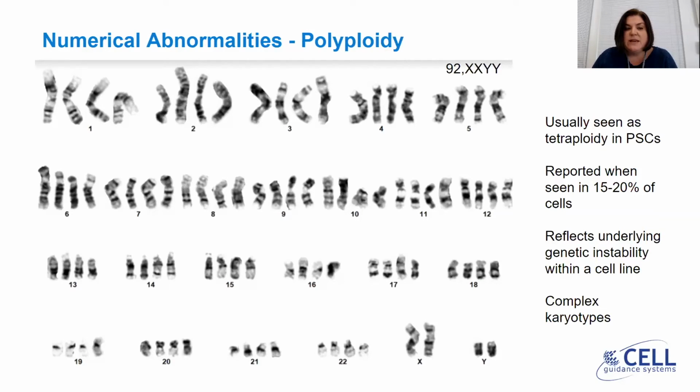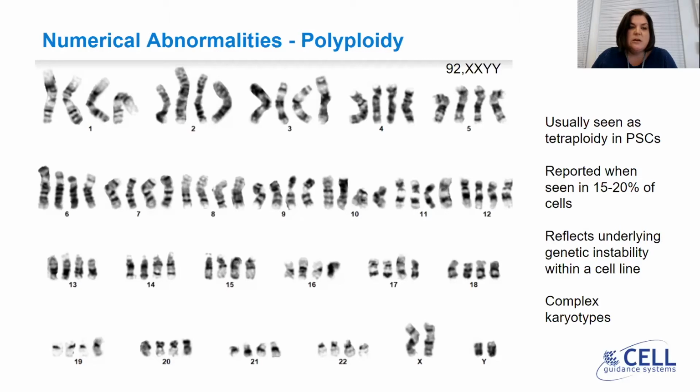Polyploidy actually represents an inherent genetic instability within cells. So it's quite common for polyploid cells to have a very complex karyotype, which means that there can be 5 or more rearrangements or gains or losses within a single cell. So when we're karyotyping, each cell can just have a single abnormality, or it can have multiple abnormalities present.